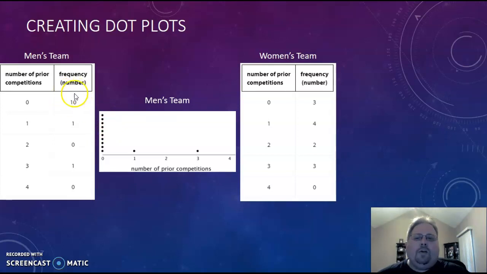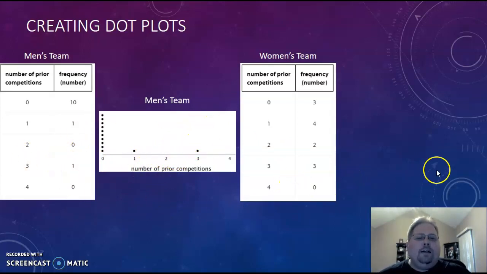So if we look at our frequency of zeros, there's 10, so there are 10 dots above 0. For one prior competition, there's only 1, so we only put 1 dot. For 2 prior competitions, there's 0, so you don't put any dots. And the same for 3 and 4. You just follow through what it says on the frequency table.